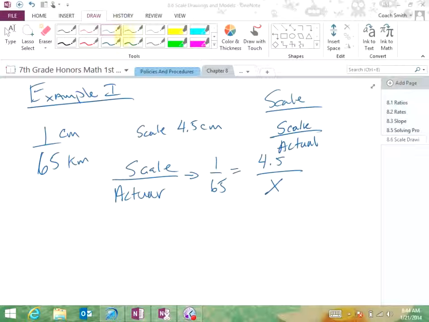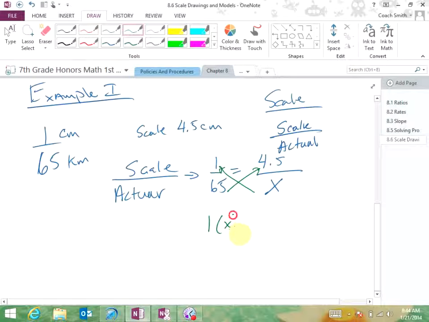Now we're just going to solve it just like we've been solving proportions. We're going to cross multiply and solve the equation. This one's a fairly easy one because when we cross multiply, we get 1 times x is equal to 65 times 4.5.